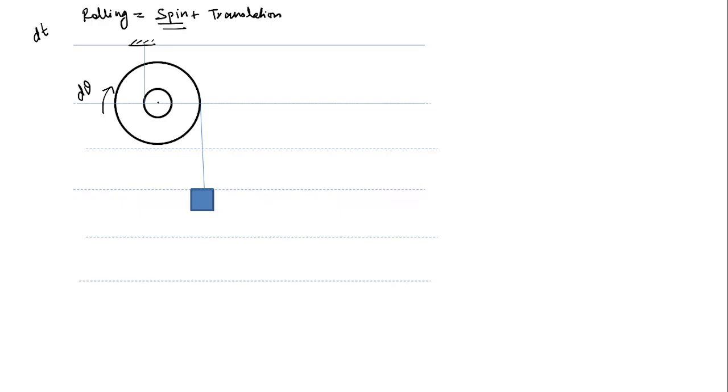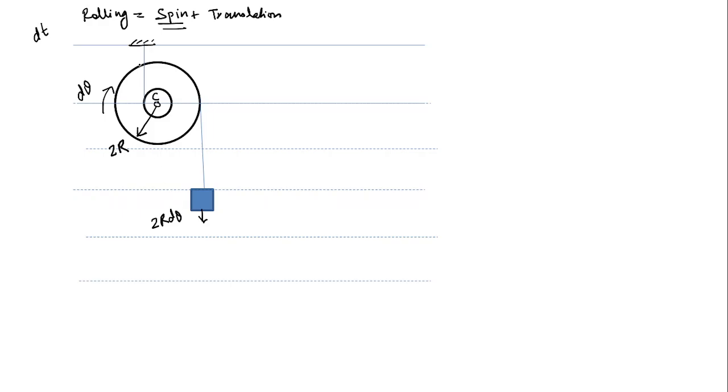That means I am fixing its center C, and C is fixed over here, and only the pulley has been given a spin by angle d theta. So what will happen to this mass? It will definitely come down by how much? If the outer radius is 2r, then it will come down by 2r d theta, isn't it? Because this is 2r.